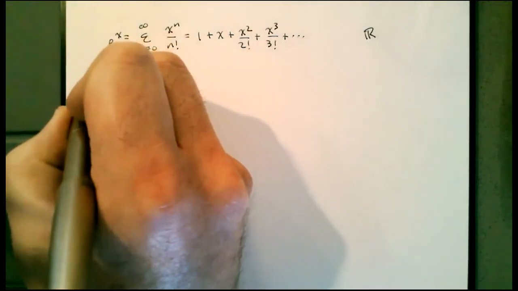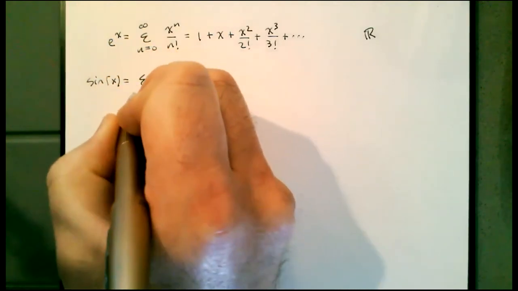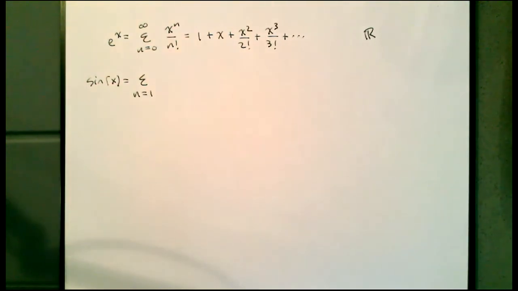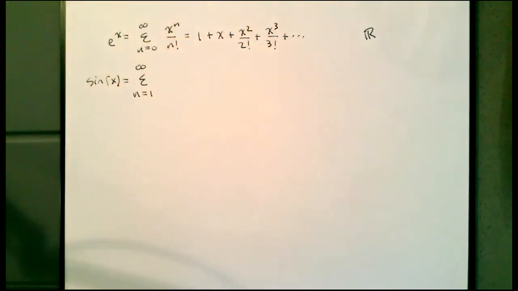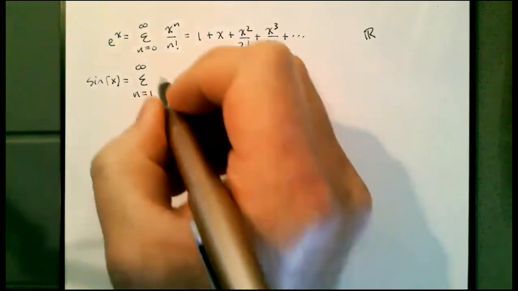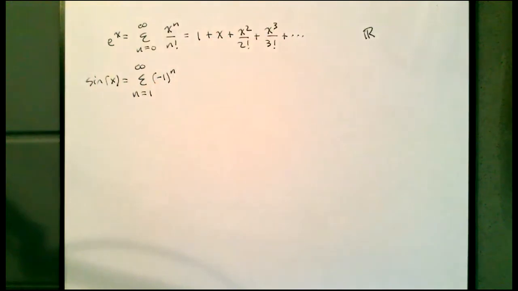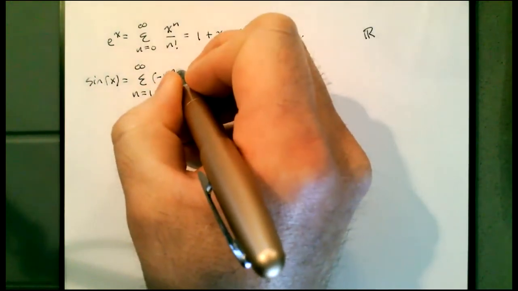We found a new one. We found sine x is the odd one. It's the sum as n goes from, I'm going to start the counting at 1 because we could start it at 0. That would be just fine. But let's start the counting at 1. And let's make sure we get all the elements. It was alternating. So I need a minus 1 to the n. And it started off positive. So I'm going to call it n plus 1.